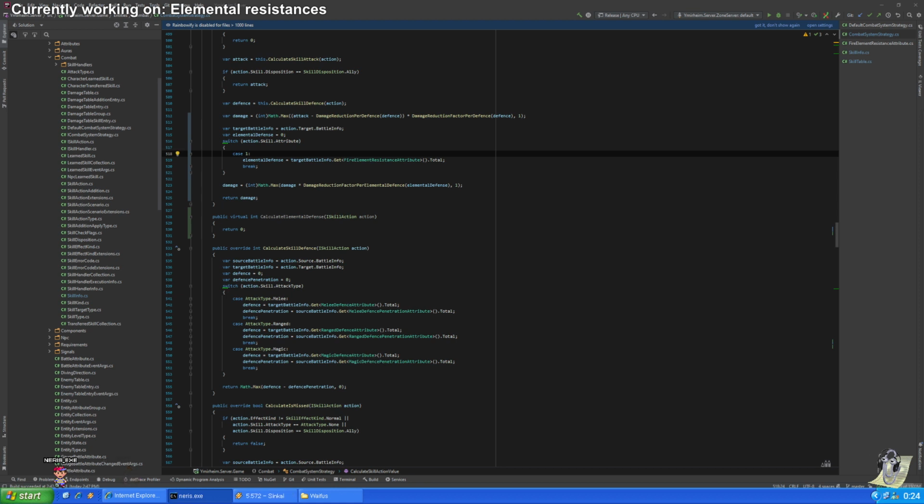Visual Studio is not the fastest IDE in the world. So game data. Skills. Attribute.